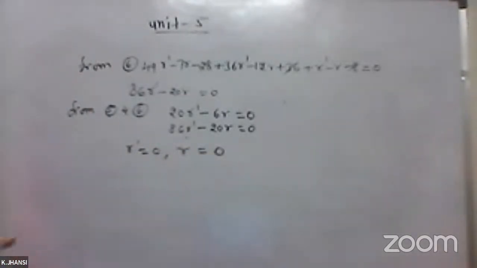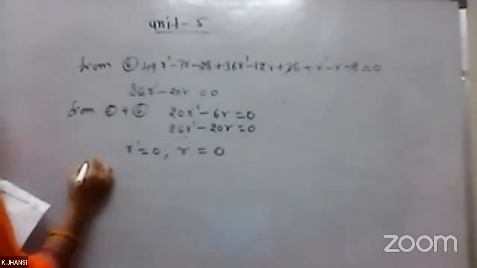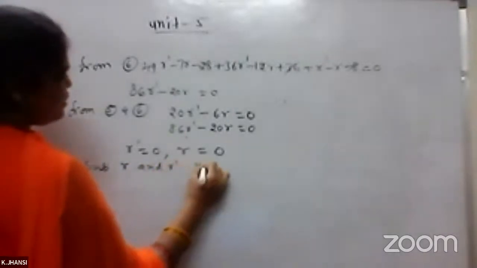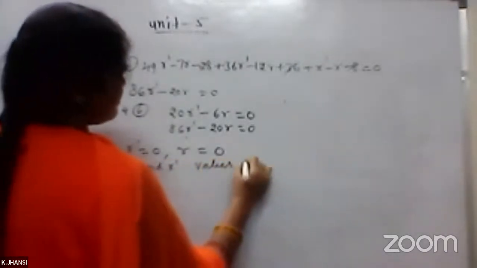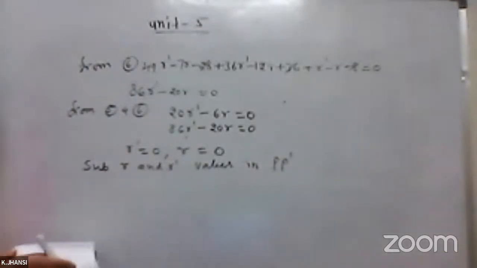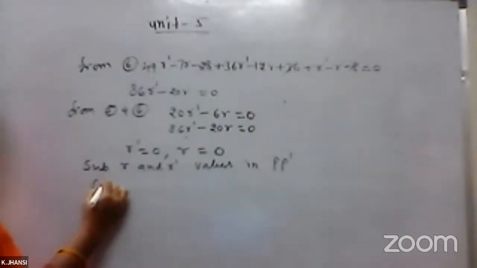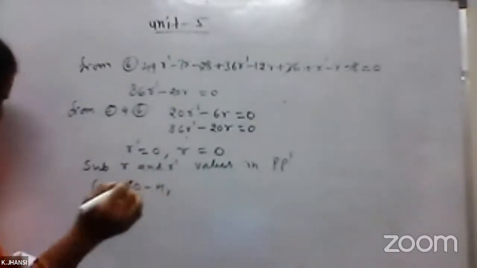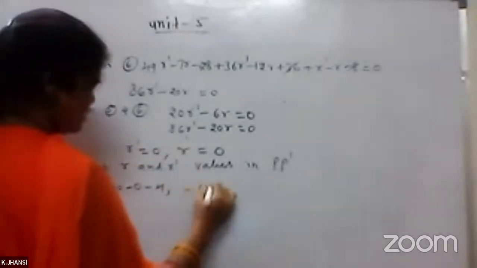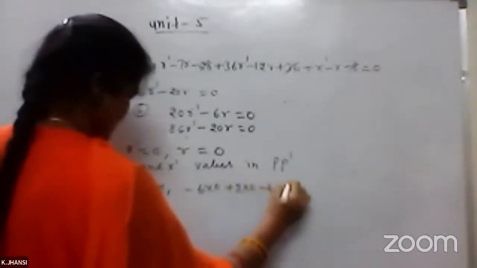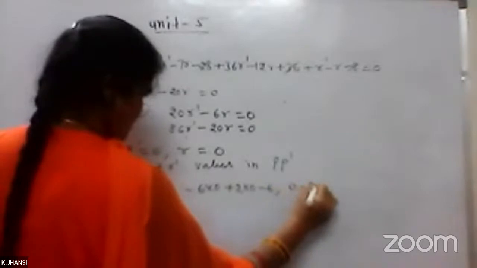Substitute these values in the point. What is the point here? We have the point PP dash, no? Substitute r and r dash values in PP dash. So what is PP dash? We have 7 into 0 minus 0 minus 4, you will get minus 6 into 0 plus 2 into 0 minus 6, 0 minus 0 minus 8.